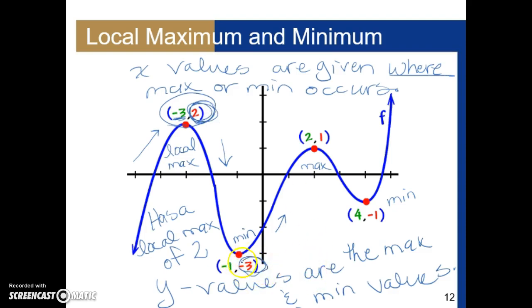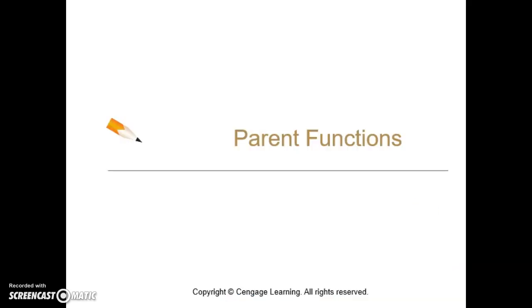Here we have a local min of -3, a local max of +1, a local min of -1. Even though we can state what X values they happen at, the max and min values themselves are range values, output values. So let's move forward and let's talk about parent functions.